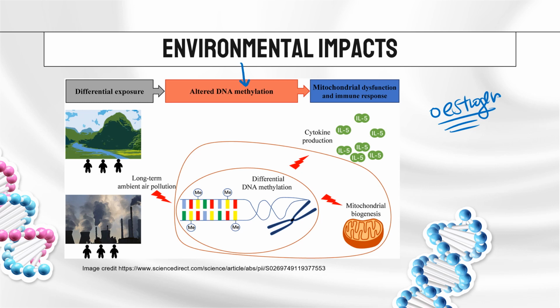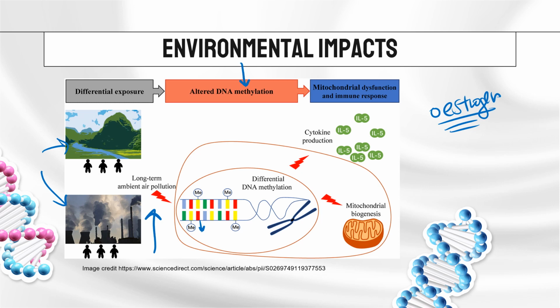A study was done in China, with lots of people living with lots of air pollution in the cities, and people living with less air pollution outside of the cities, and their methylation patterns were analyzed. And it turns out that people exposed to more long-term air pollution have lower methylation. So fewer methyl groups if you're exposed to more air pollution.